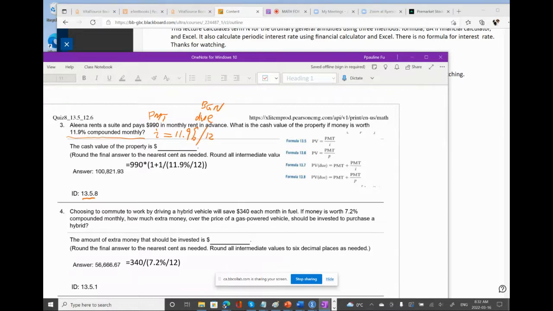You have to divide it by 12. That is the interest I. And the question asks you the cash value of the property, which means the present value of this annuity due. So you use this formula. Formula 13.7.